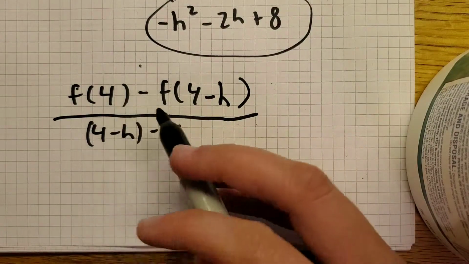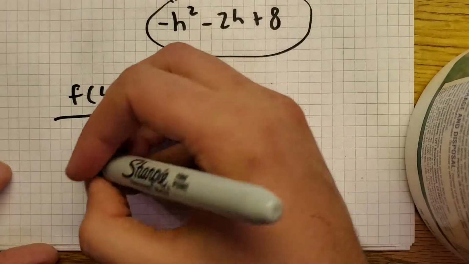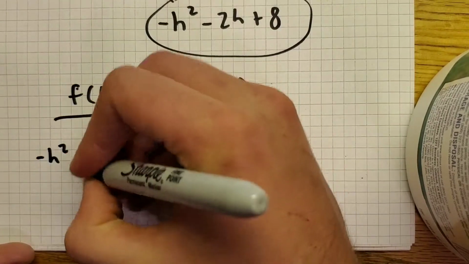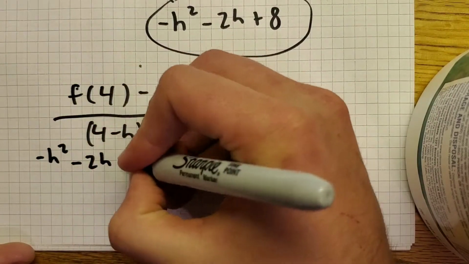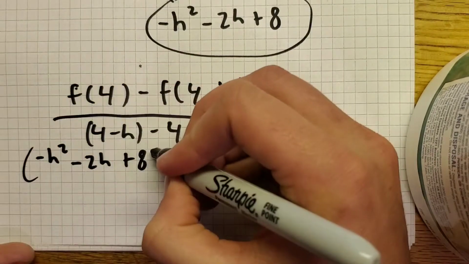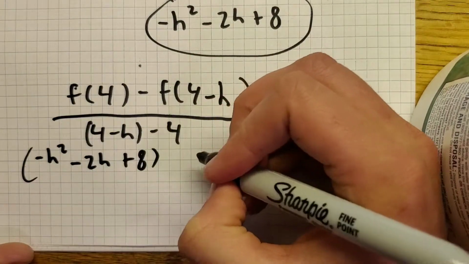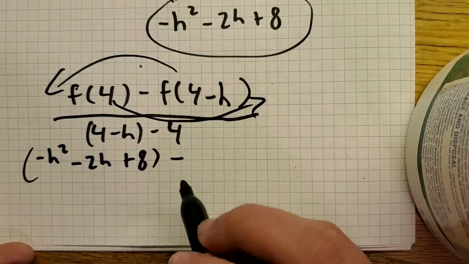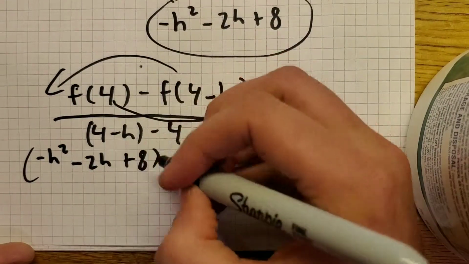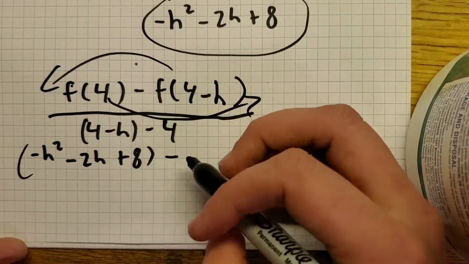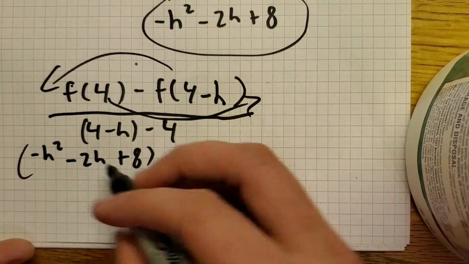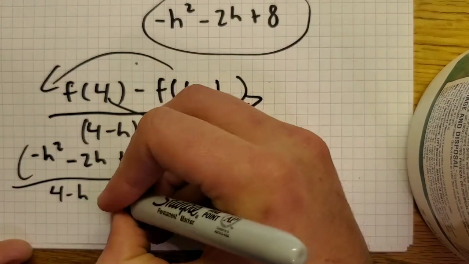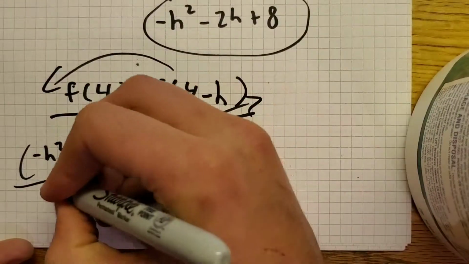I mean, this is longhand, but you would end up with negative h squared minus 2h plus 8 minus, sorry, these should be rearranged. But yeah, anyway, you get the point. You end up with this minus 8 over 4 minus h minus 4.